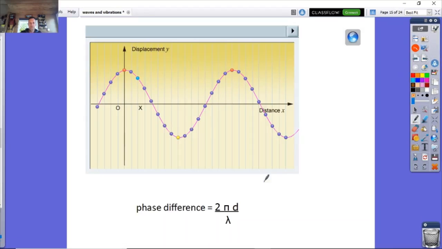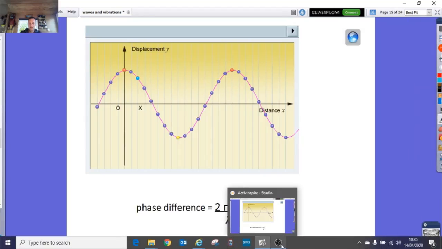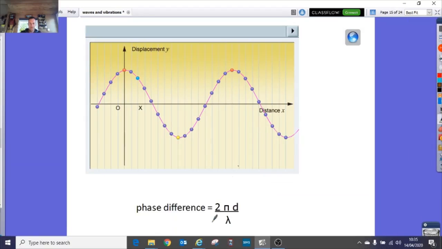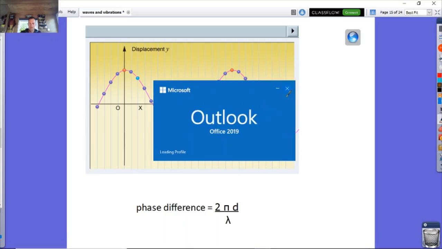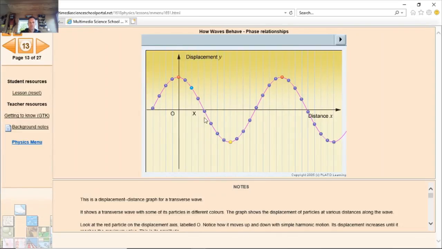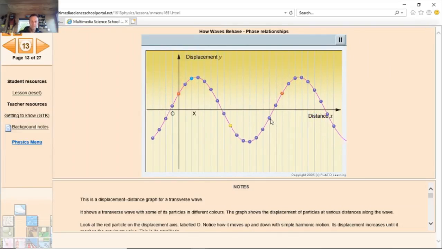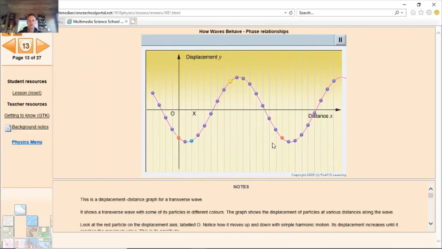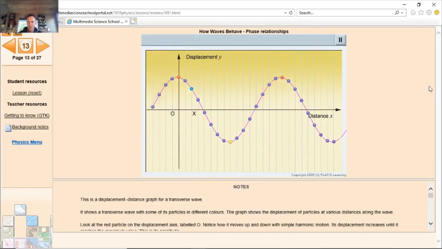We can start looking at this wave going through here, and we can start understanding, going back to this simulation, the phase shift between the particles going through. Now, the phase shift coming through here with this software, and I'll start it again, you can see the particles vibrating up and down.